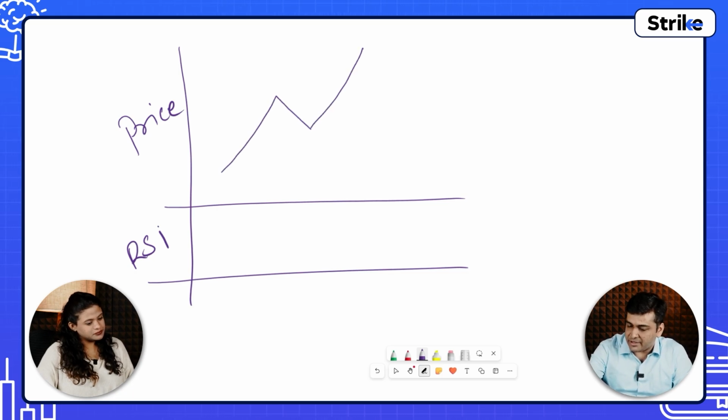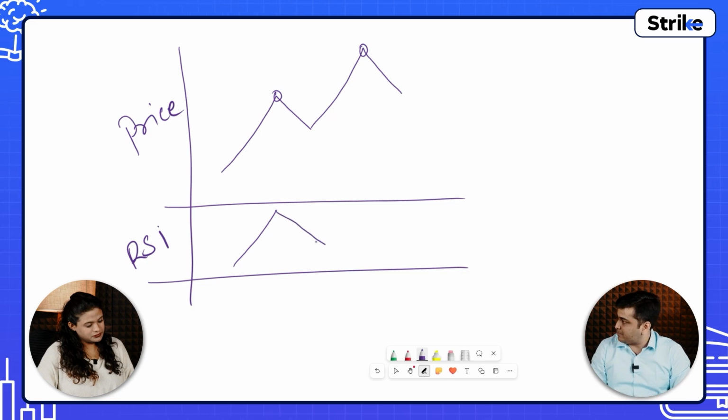Prices made a higher top, a higher high. But at the same time, when you look at RSI, when this top was made, RSI made a top as well. And when this second top was made, RSI made a lower top. So this top is lower than the previous one.